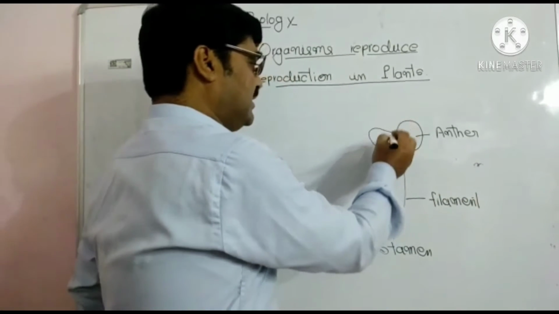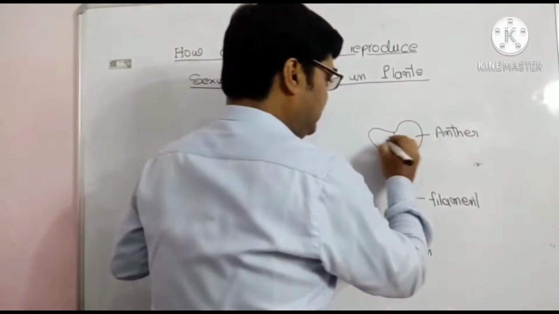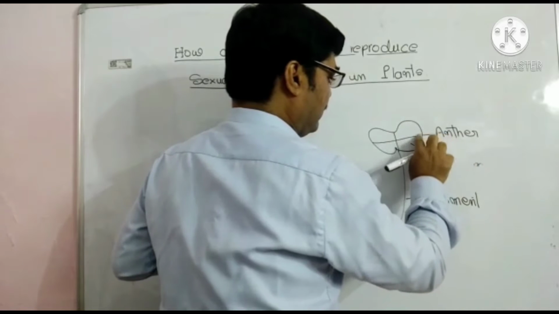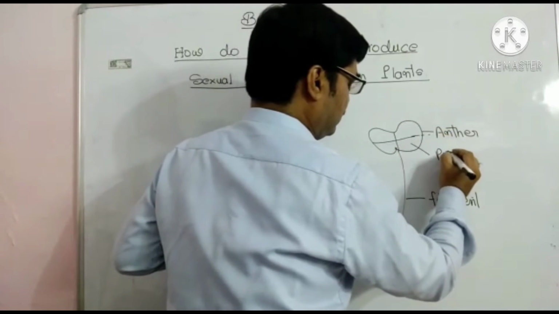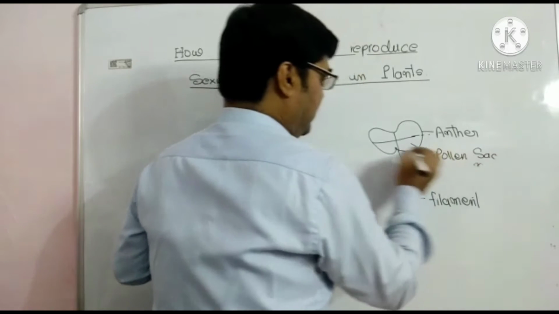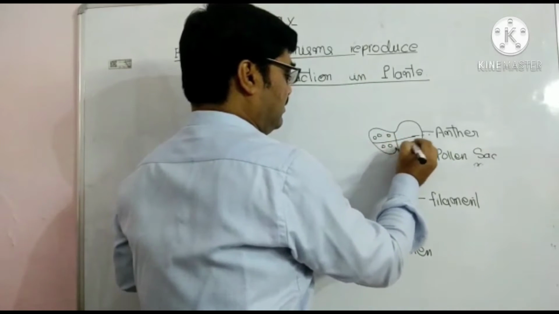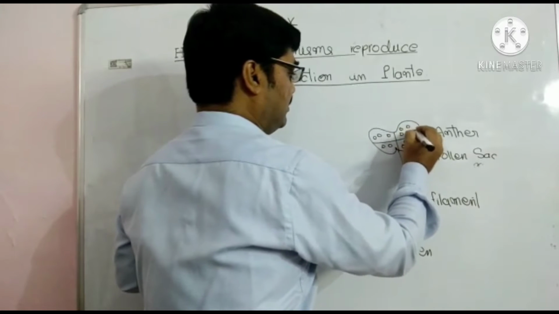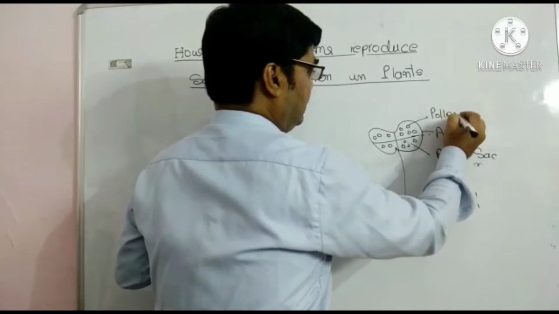This anther has the pollen sacs. There are chambers here, and these chambers are called pollen sacs. And these pollen sacs are filled with very small grain-like structures, and these structures are called pollen grains.